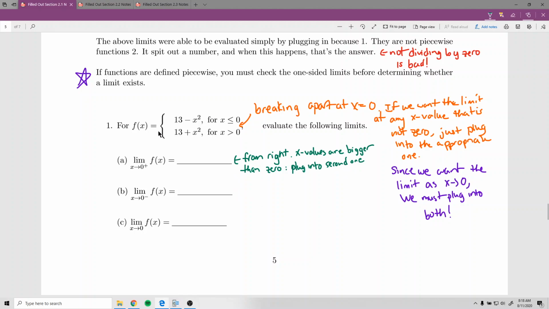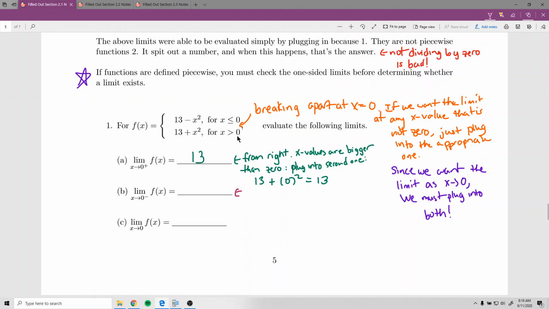So for the one-sided limit from the right, we plug into the second one, because the x values are bigger than 0. When we do that, we get 13 plus 0 squared equals 13. And that's the one-sided limit. It's just going to be a number, like we've been dealing with.